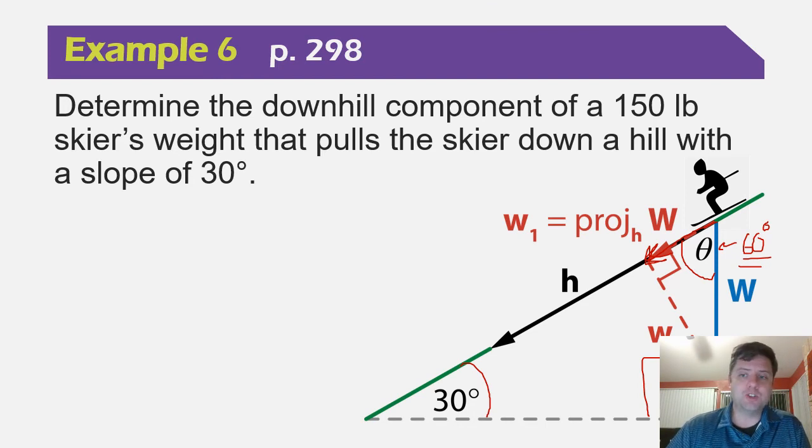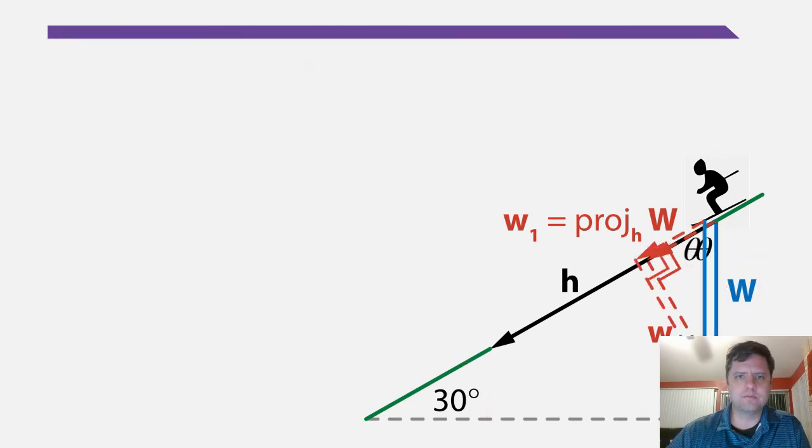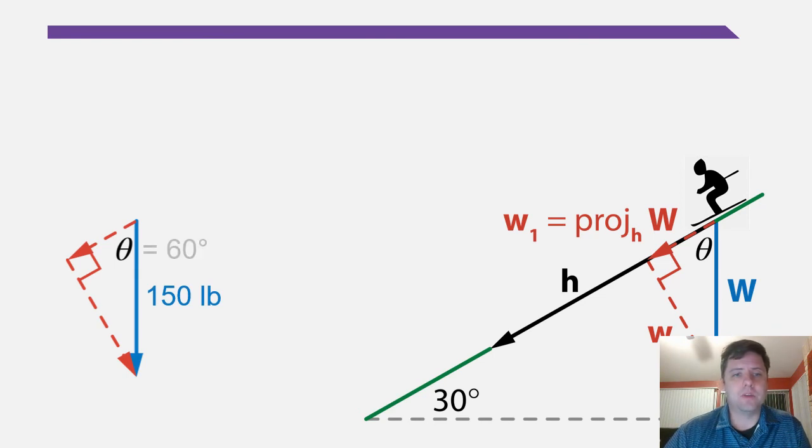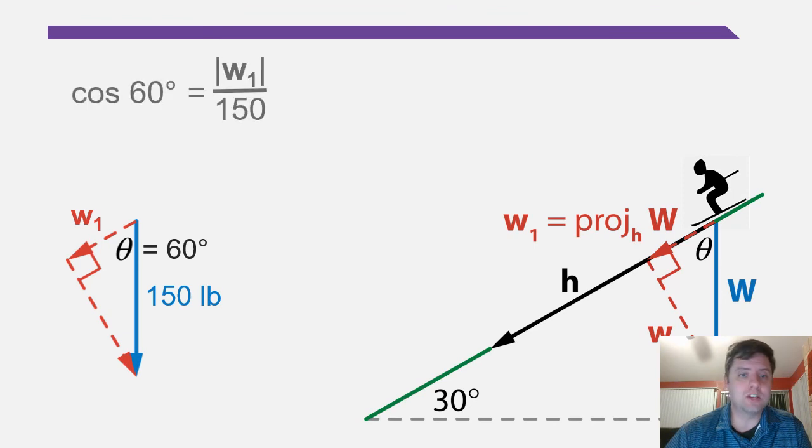So we've got the weight, and we just need to know the horizontal component here. Well, the cosine function works really well, right? Cosine of theta. So if I bring out the triangle of this, and we know 150 pounds is the weight going downward, we have a 60-degree angle, and weight 1 is the projection that we need.